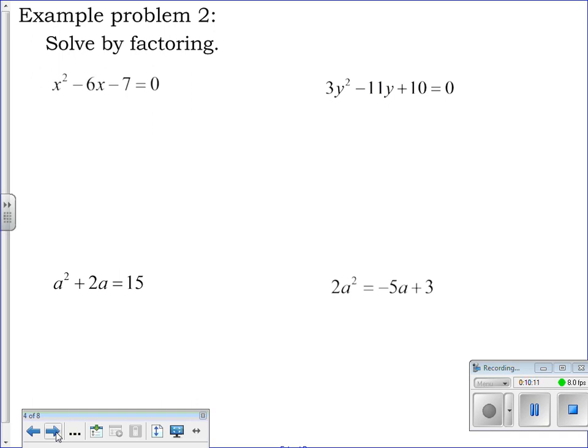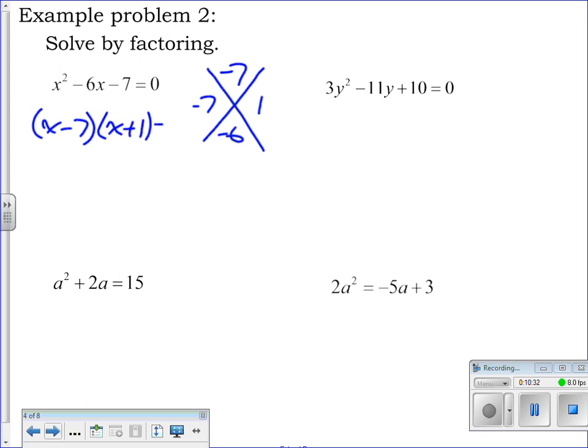I don't care how you factor it out, but this always works well. Setting up the X box like this. So I have -7 and -6. So that's -7 and +1 are my two factors. So I get (x - 7)(x + 1) equal to 0.